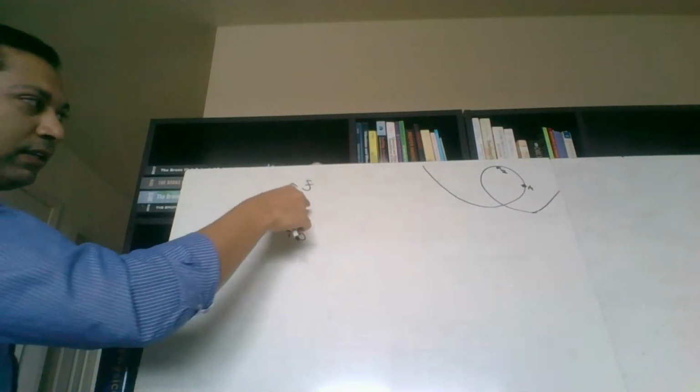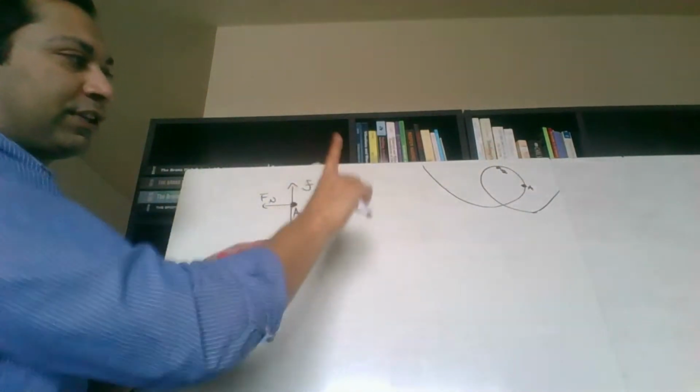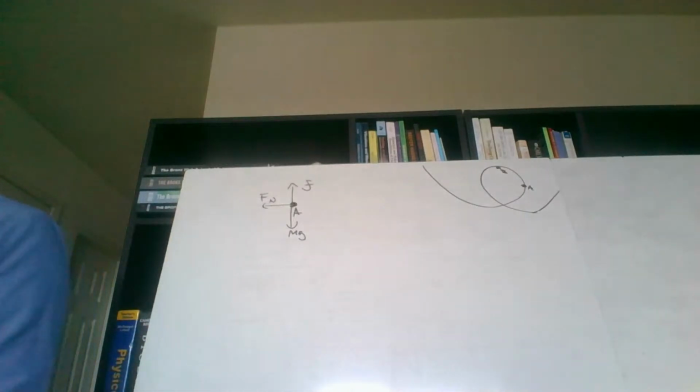Okay, so what's happening is as the ball goes up A, if the force of friction is up, do I have a ball here?